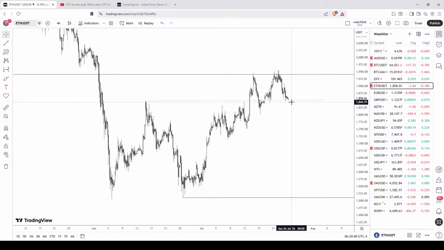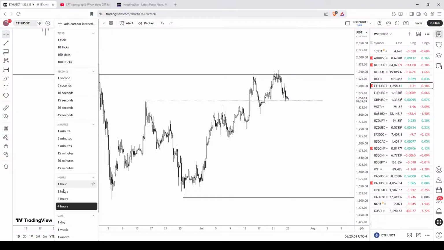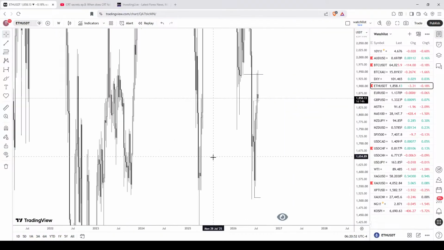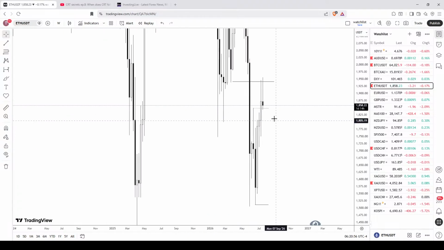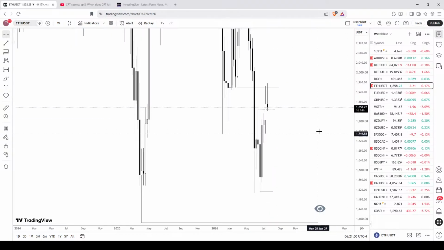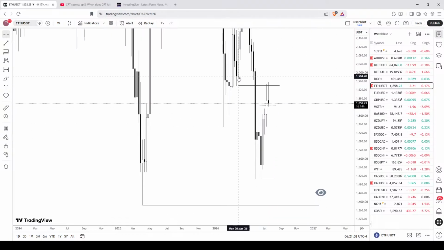I mean, there's no volume, but yeah, if we do actually close below that swing high on a weekly basis, then that is looking very bearish. That's looking like a definite. And it's interesting how they never let ETH fill this fair value gap completely.